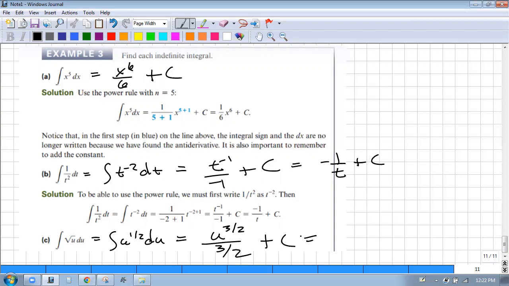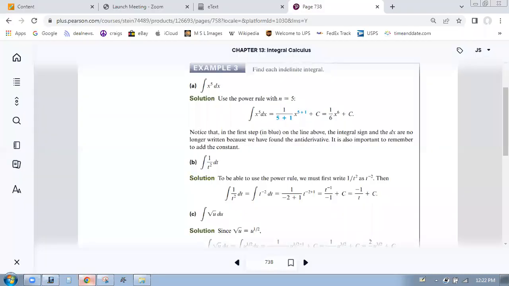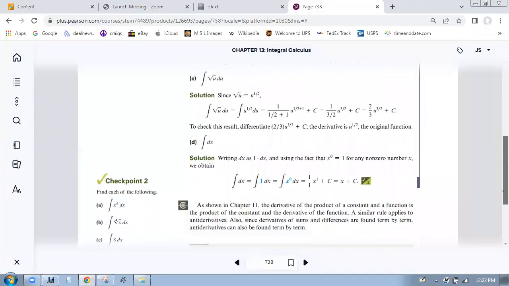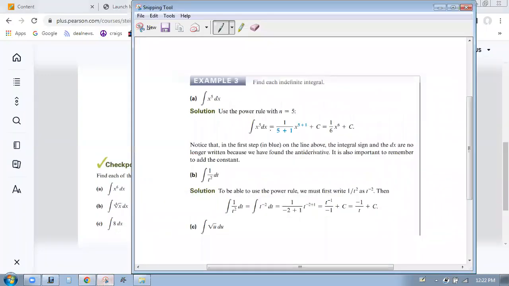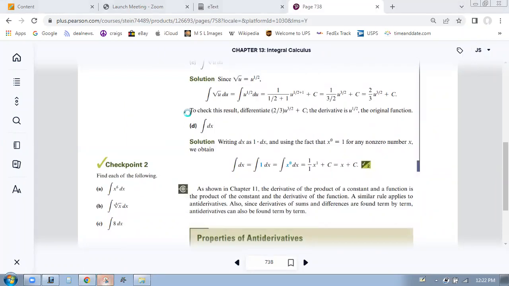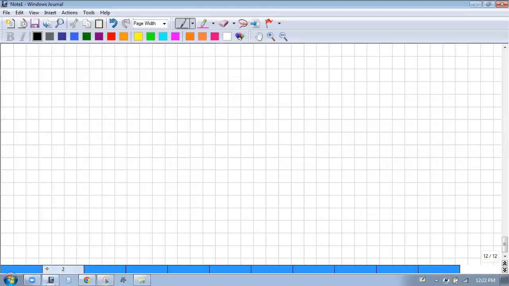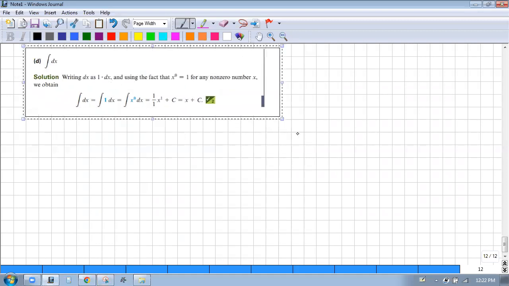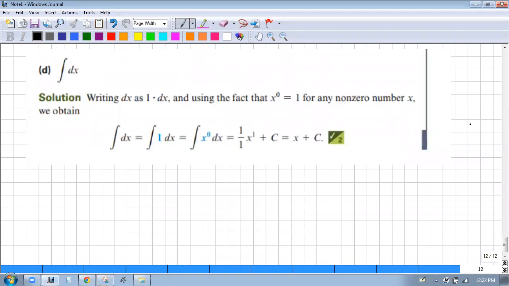Of course, we'd want to rewrite this as 2/3 u to the 3/2 because this just looks stupid, having a fraction on the bottom of a fraction, right?